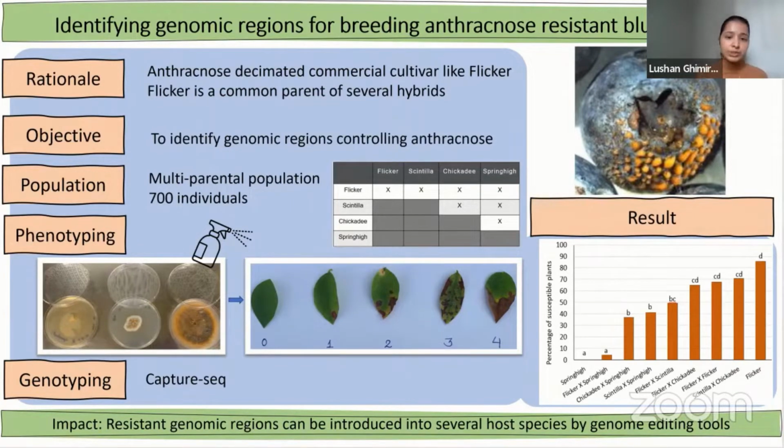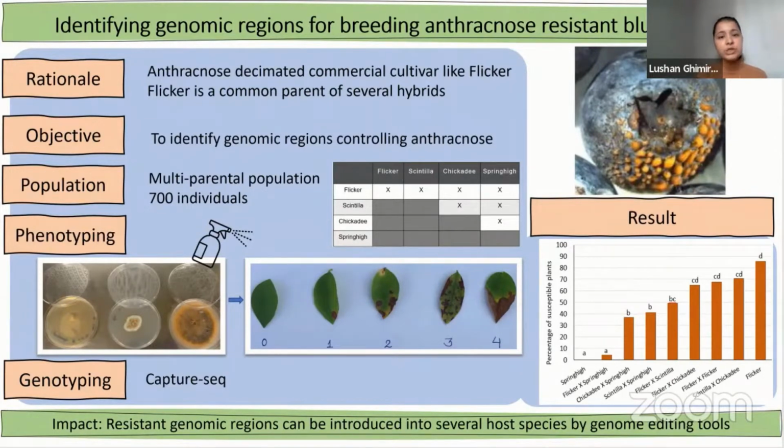And one thing to note, all these parents exhibited different levels of resistance and susceptibility in the field. Now, for phenotyping post-pathogen inoculation, every individual was given a score by observing its disease severity, as shown in the photo with leaves here below the table.